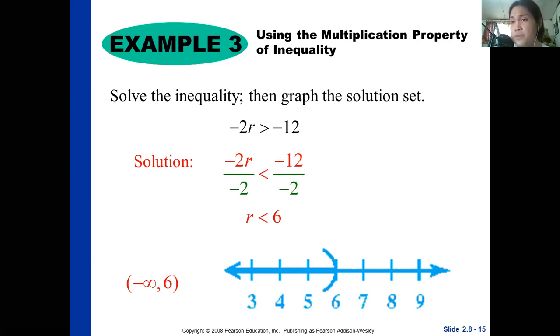And as you can see in the graph, plot or locate 6 and then use the parenthesis symbol since it's not included in the solution set. Or you may use the open, unshaded circle. Going to the left, because again, the direction is going to negative infinity. As simple as that. Okay, so that's it.